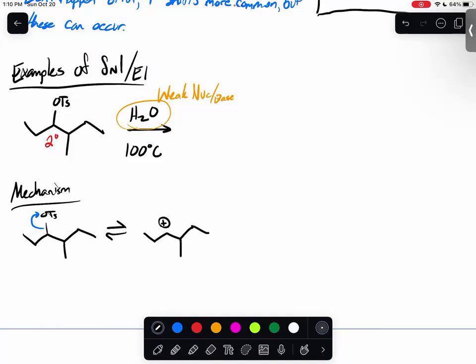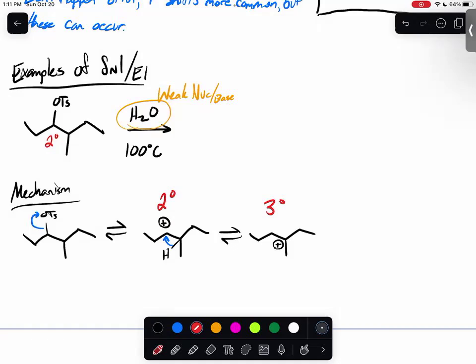And now that we're here, we have to ask ourselves, okay, if we're sitting on this secondary, are there any adjacent atoms that would be better to put the carbocation on? We see that, oh, directly beside it, there's actually this tertiary. So it's a good idea to do a hydride shift to go from the secondary carbocation to the tertiary, right? It's much more favored.